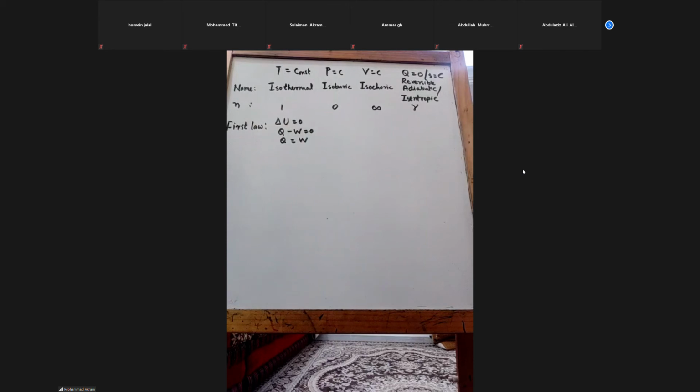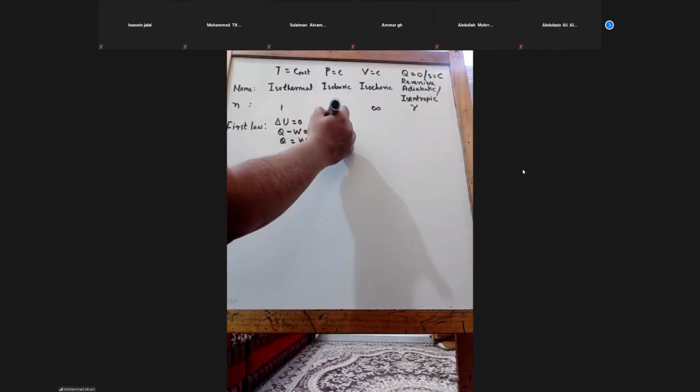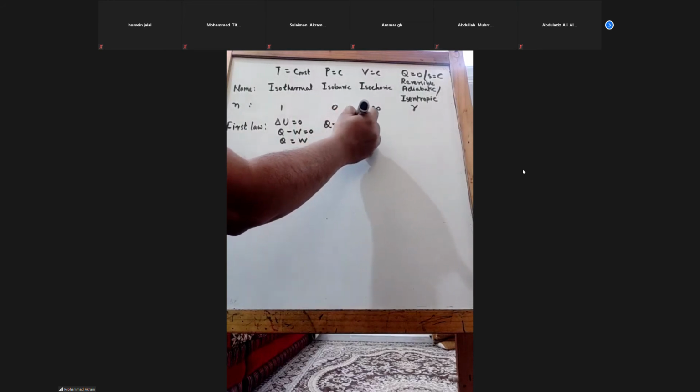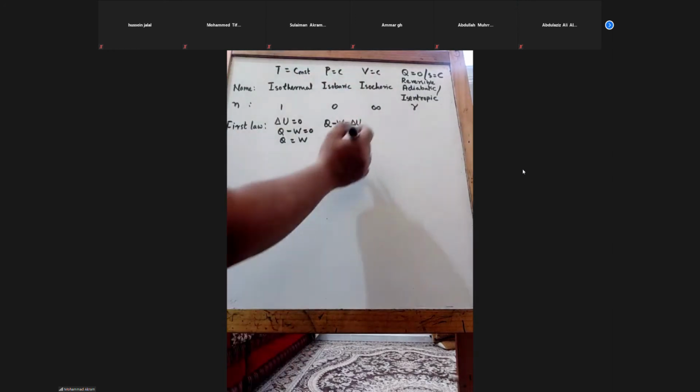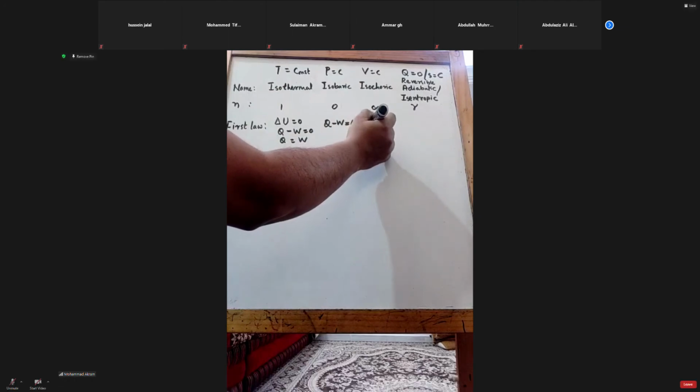Now for an isobaric process, you can write Q minus W equals delta U. Now isochoric process, what will happen to the work in this case? Constant volume process. Work is the boundary phenomenon, so work will become 0.